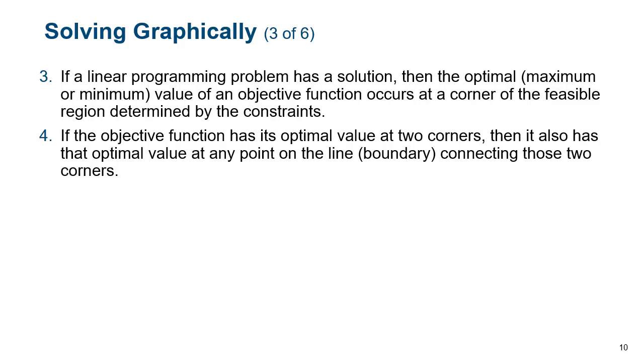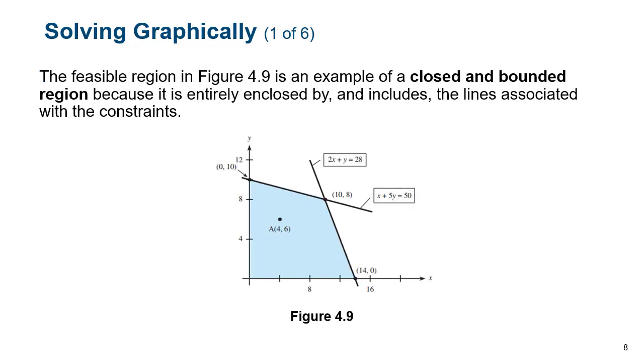If your objective function has its optimal value at two corners, then it also has that optimum value at any point on the line that connects those two corners. So for instance, if this point (0, 10) and this point (10, 8) both maximized your objective function, then this entire line x + 5y = 50 would maximize that function.